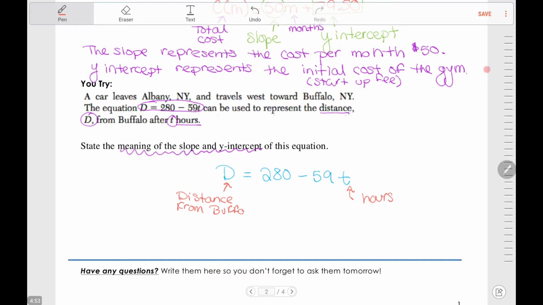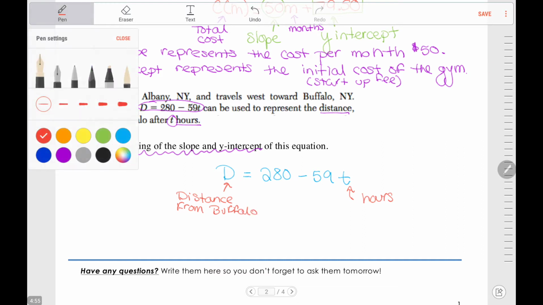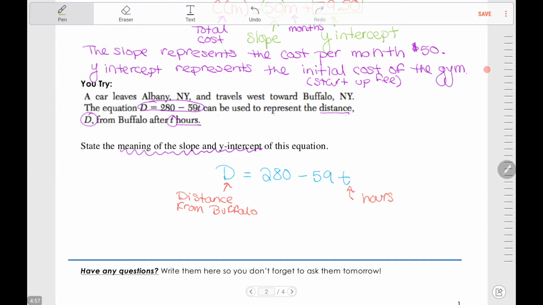So first, what's the slope? The slope is what's next to that variable. So our slope is minus 59. We want to think of slope as the rate of change. In the past few days, we've talked about the rate of change as speed. This represents our distance and our time being put together.